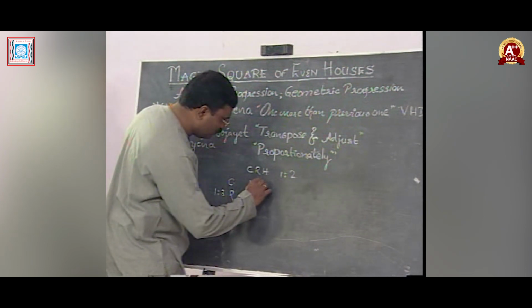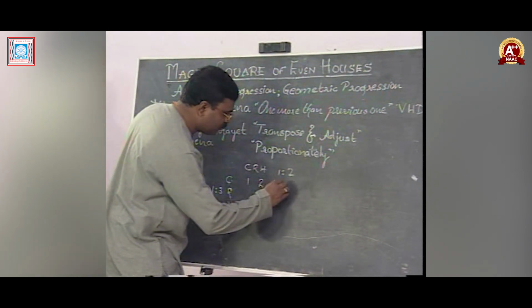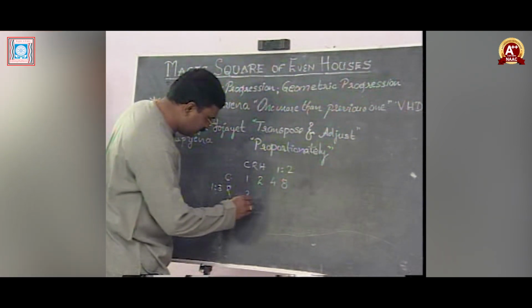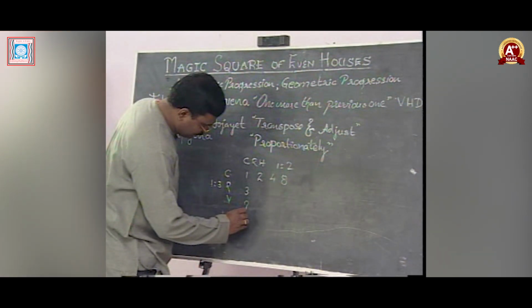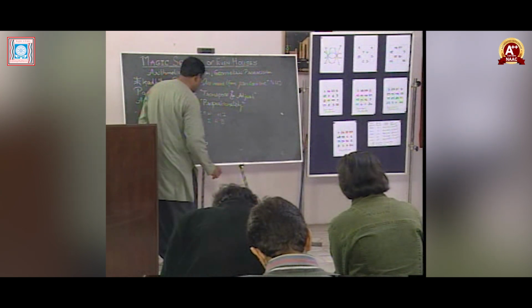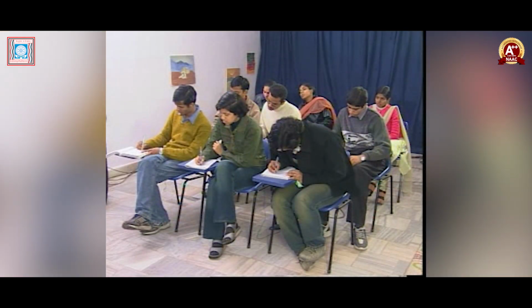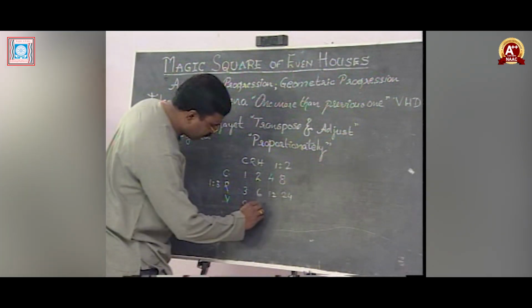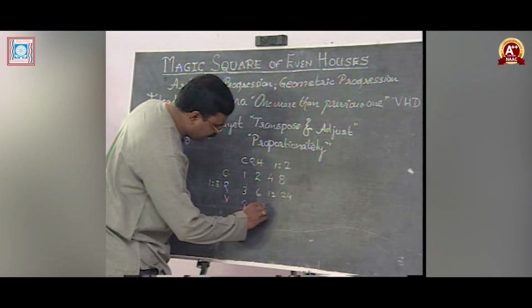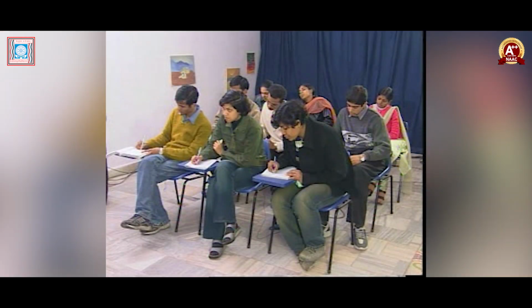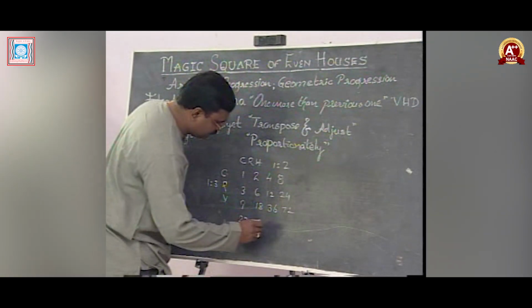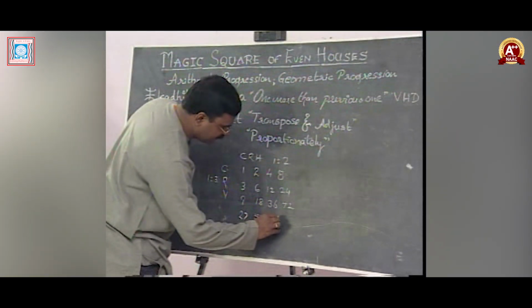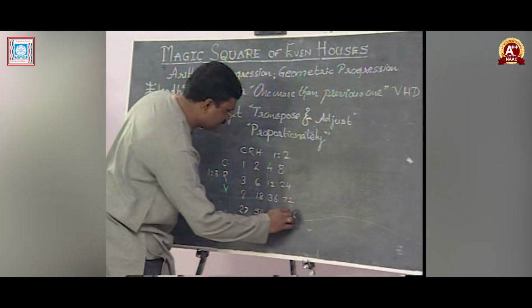What are the terms of CRH? 4 terms. 1, 2, 4, 8. Then 1, 3, 9, 27. 3, 6, 12, 24. 9, 18, 36, 72. 27, 54, 108, 216.